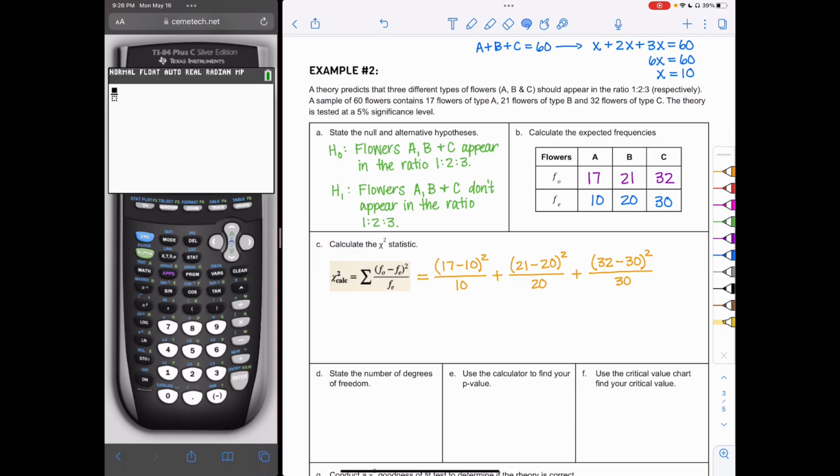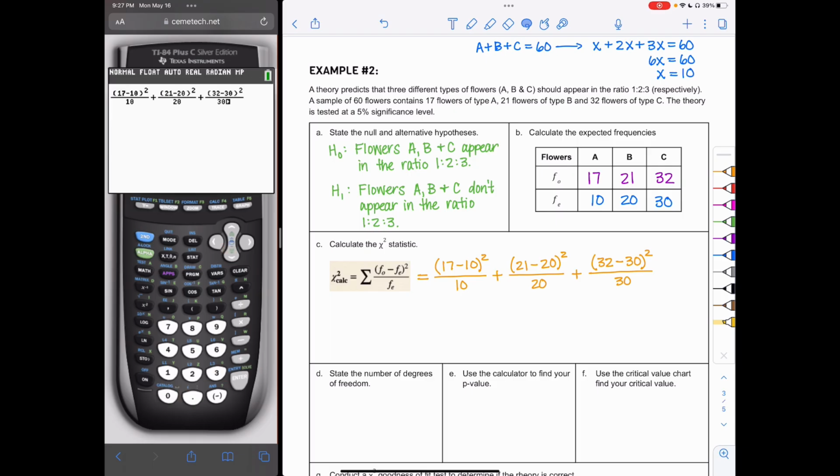So I'm going to end up having 17 minus 10 squared divided by 10 plus 21 minus 20 squared divided by 20 plus 32 minus 30 squared divided by 30.